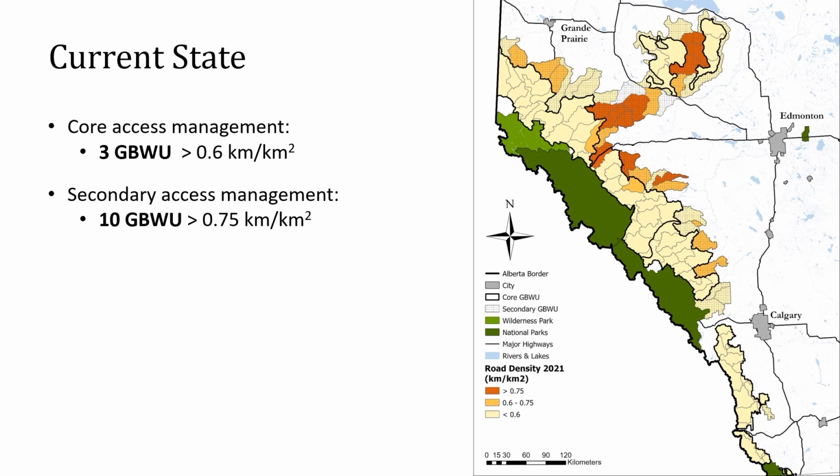We have only 3 grizzly bear watershed units over our 0.6 kilometer by kilometer squared road density threshold within our core access management areas. And that's very good. Our secondary access management areas are doing a little worse, though. We've got 10 grizzly bear watershed units over our 0.75 kilometer by kilometer squared threshold.